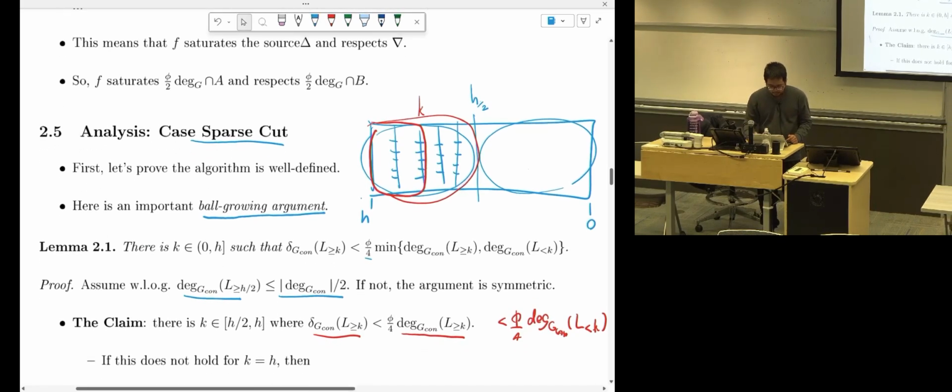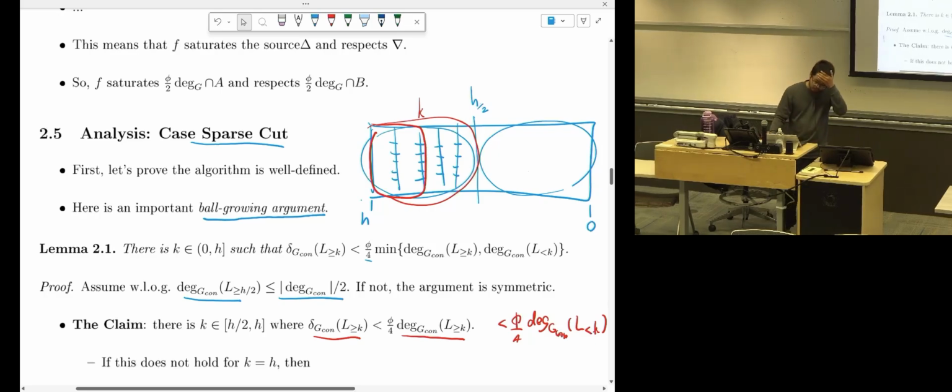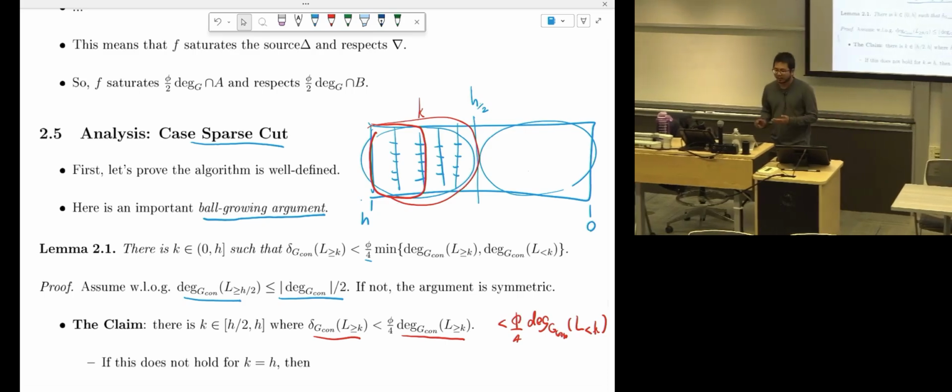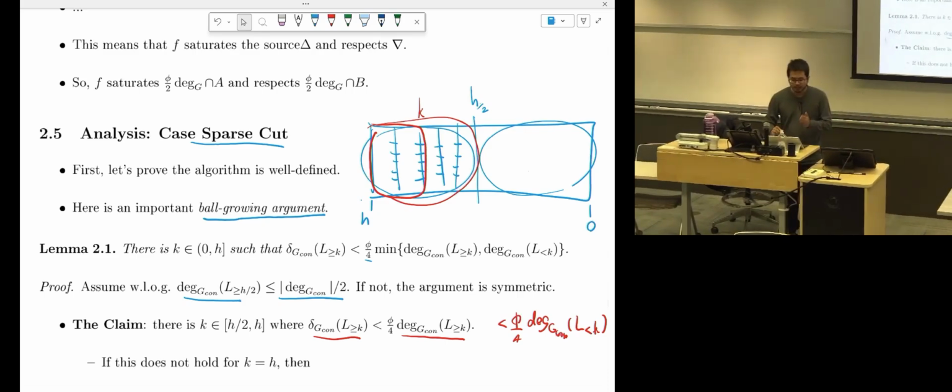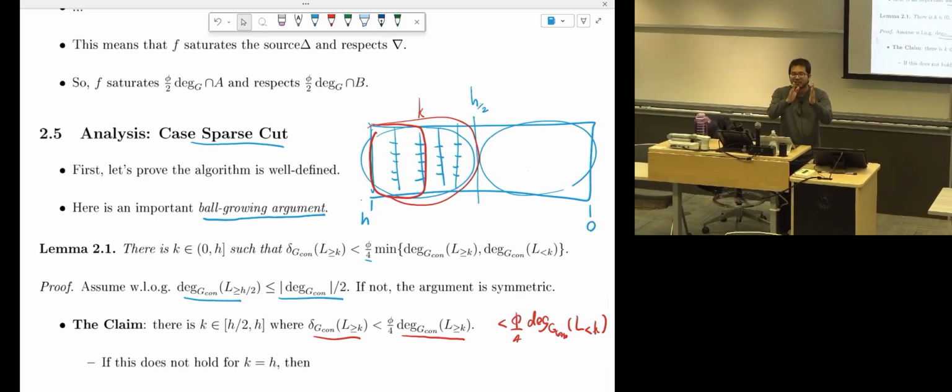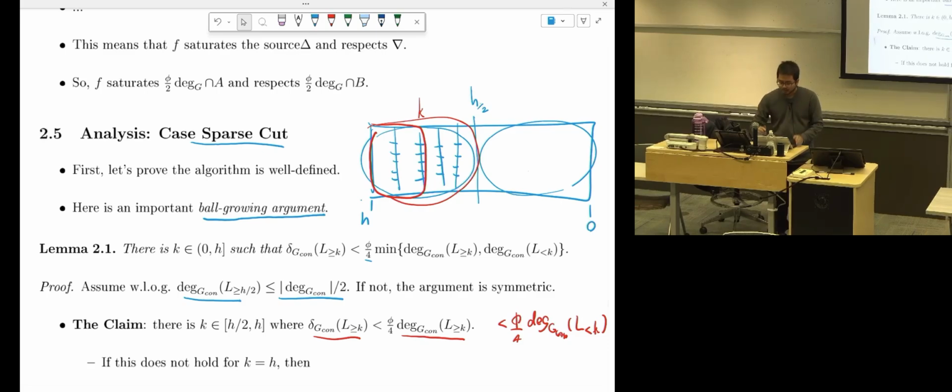Okay. So why should this exist? Suppose that we look at first layer h and then layer h minus 1, minus 2. Let's look at this layer first. Layer h. Suppose that this is not true. Suppose that the cut is not sparse.